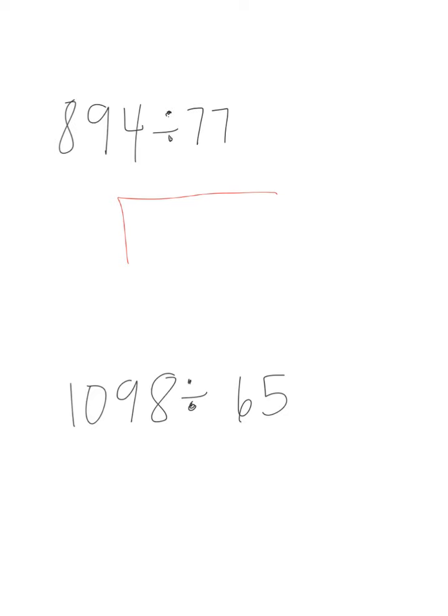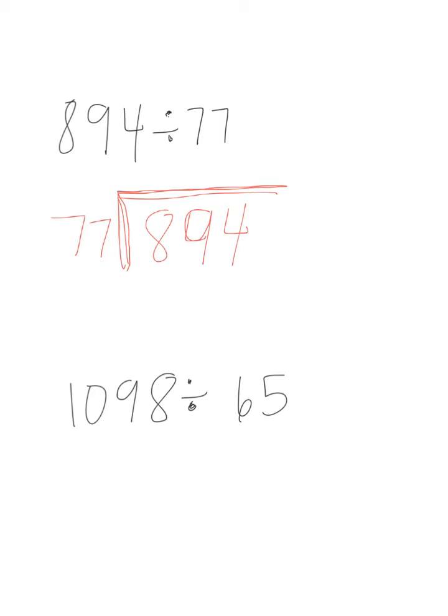So that means we're trying to see how many times does 77 fit into 894. Some people like to think of this as like the doghouse. If we read it, how many times does 77 fit into 894? 894 is in the doghouse.